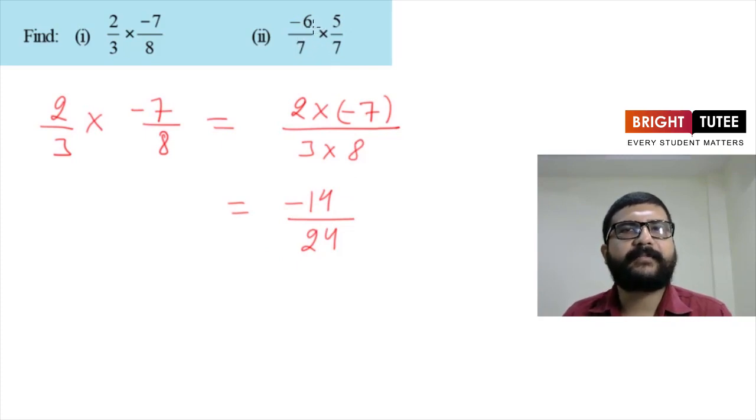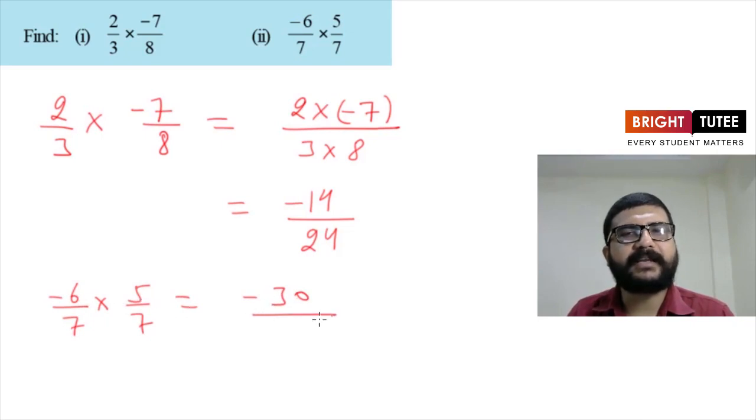And the next one is minus 6 upon 7 into 5 upon 7. So again numerator with numerator, minus 6 into 5 will be minus 30 upon 7 into 7, which is 49.